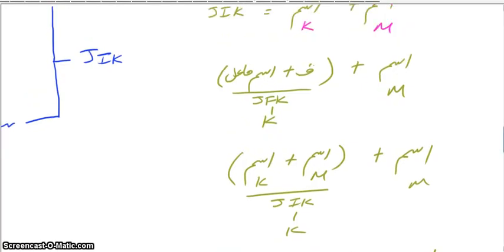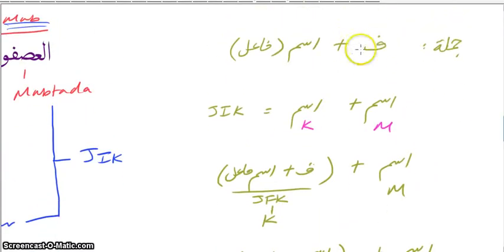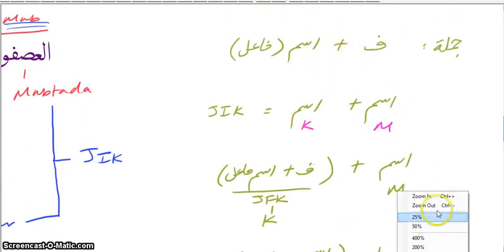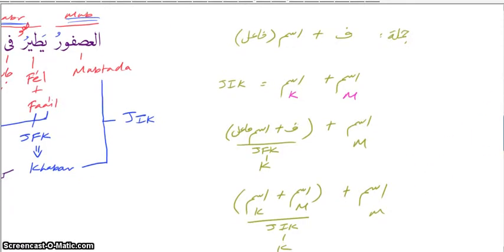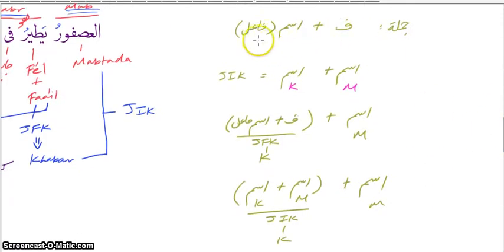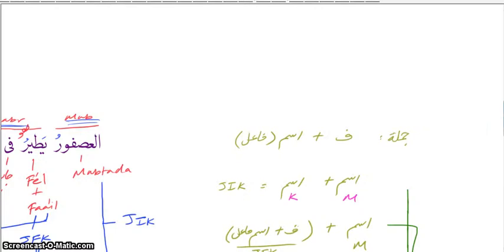Let's look at that again. Zooming out, a fi'l and an ism makes a sentence. An ism and an ism, mubtada khabar, makes a sentence. These two are together.